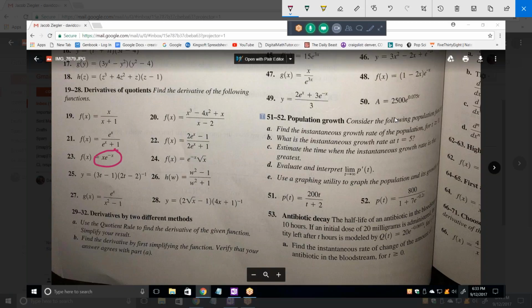So it would be x squared minus 1 times e to the x minus 2x times e to the x all over x squared minus 1 squared. Not times 2, but squared. Oh, yeah, sorry.